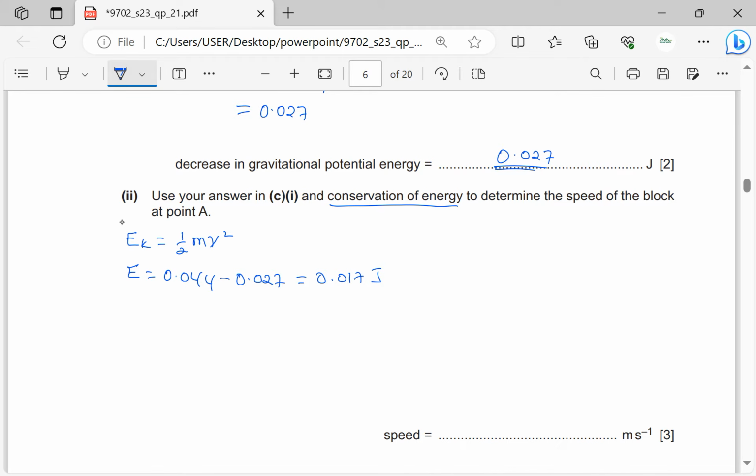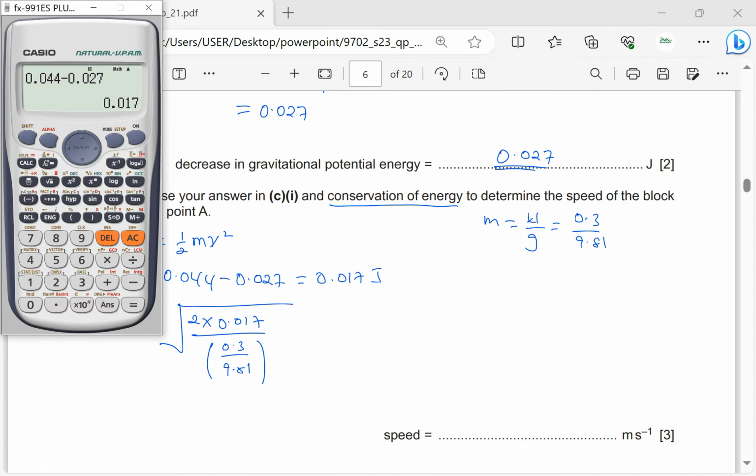So using the expression there, I'll have that v is going to be the square root of 2 times the energy, which is 0.017, divided by the mass, which is the weight divided by g. The mass of the block is 0.3 divided by g, which is 9.81. So I'll check my calculator. 2 times 0.017 divided by 0.3 divided by 9.81.